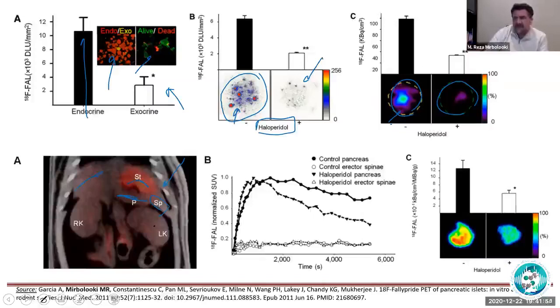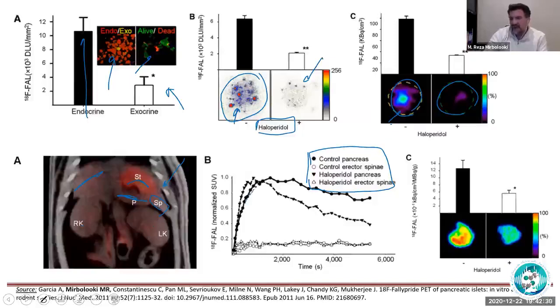When we look at different areas, we saw that when we use haloperidol, the effect gets less. So we looked at the pancreas in a control pancreas and in rats that we injected with fallypride.